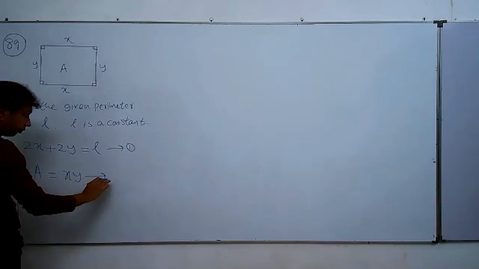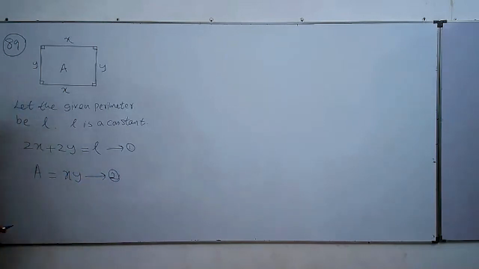Number 2. People, now you can see this area A of this rectangle depends on x and y both. X is the length, y is the breadth of the rectangle. Once you change x, due to this equation, y will change.